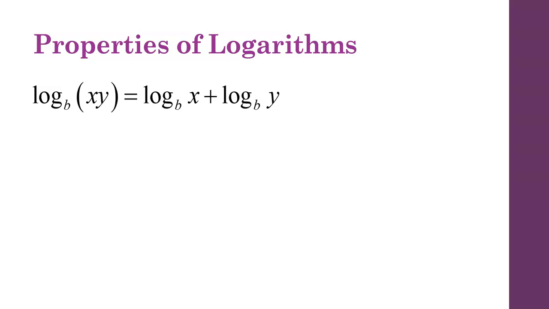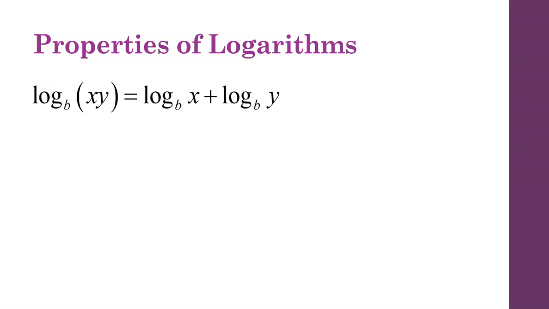So we're going to get log base b of x plus log base b of y. And again, that is due to the rules of exponents, where if two things are multiplied by each other, the exponents are added, as long as the bases are the same.